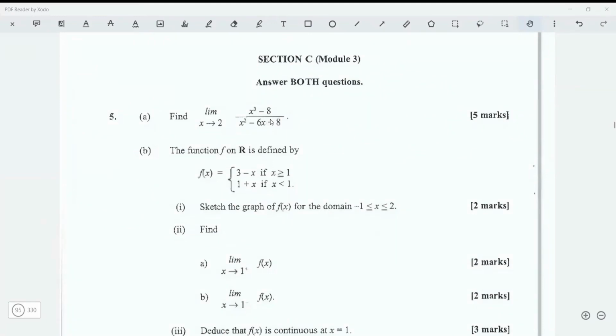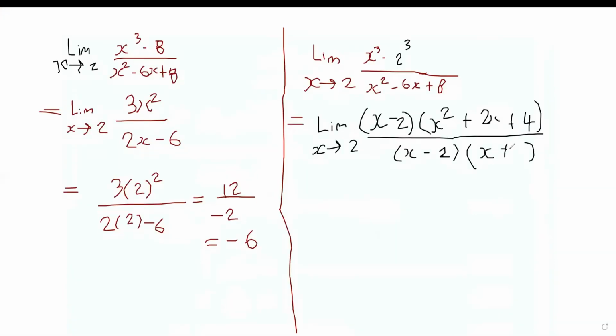So how do I factorize this? I'm having issues factorizing. If this is the 2, to cancel out the 2, it can't be 4. What number should be here to factorize this?